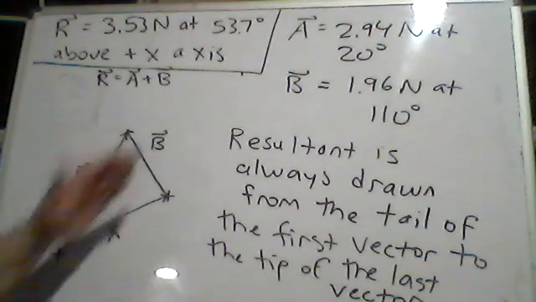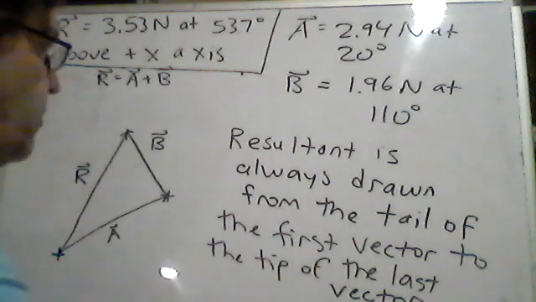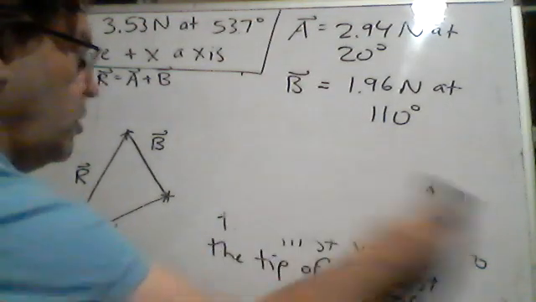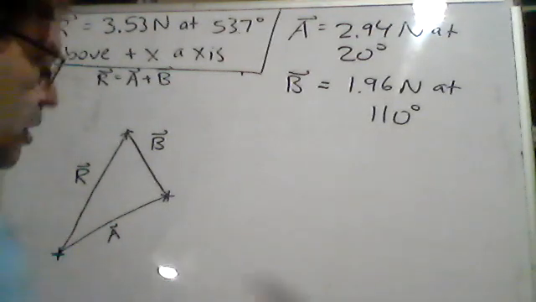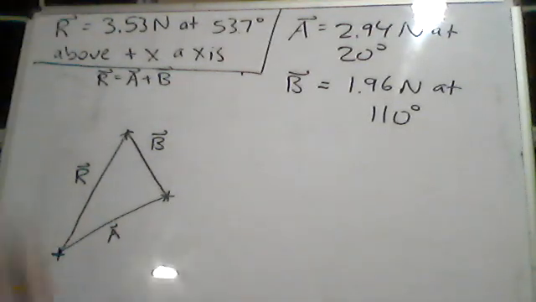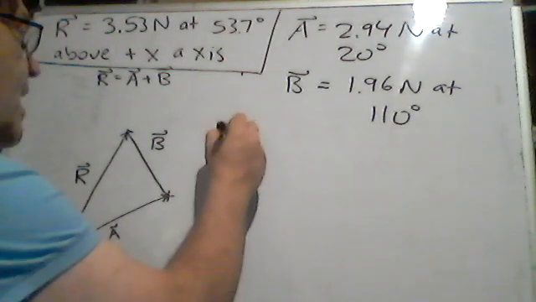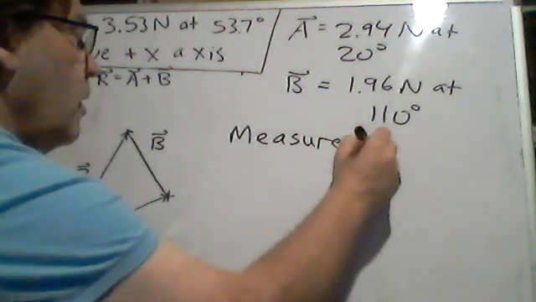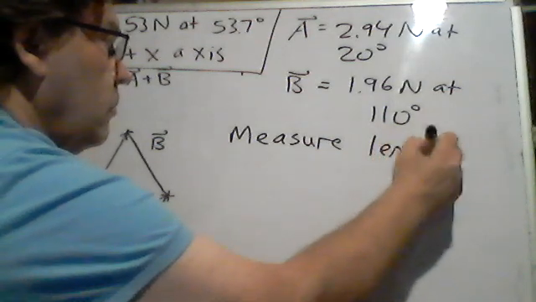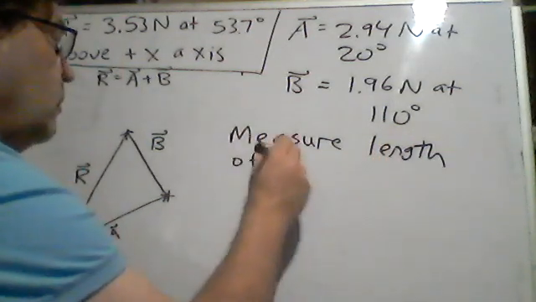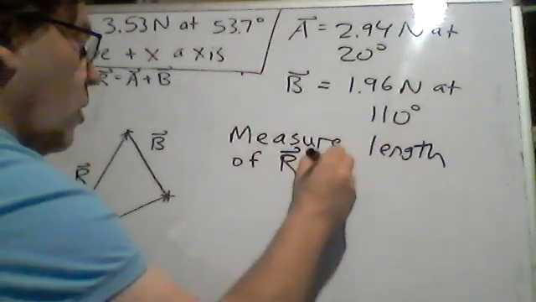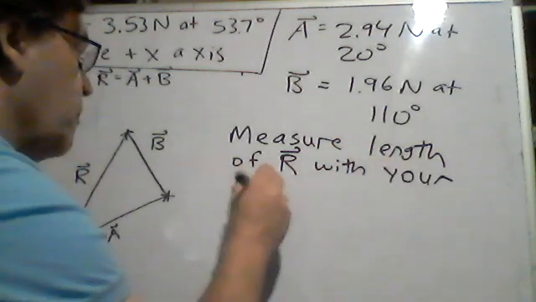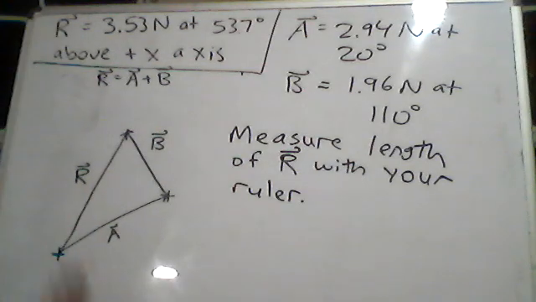And then you should realize that when you get done doing this, you're going to measure some value for R. You will measure the length of R with your ruler, and you'll get some length.